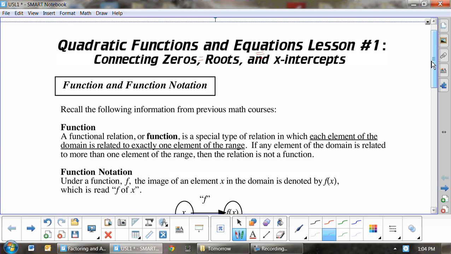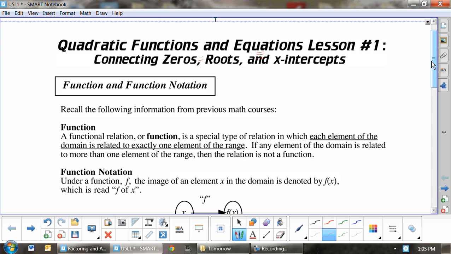And so when we're talking about functions, what we mean is that it's like a relationship between x and y, where for every x, there's one y. Okay? So when you say it like that, it seems really confusing. But if we think about it in terms of a vending machine, it becomes much simpler.